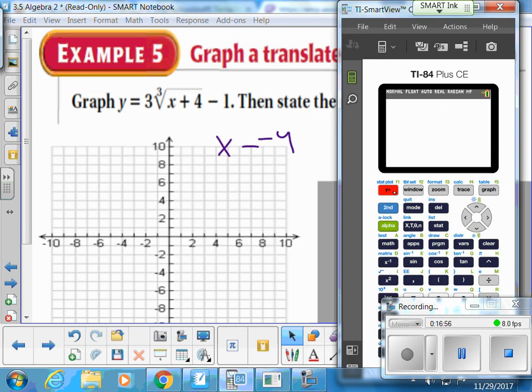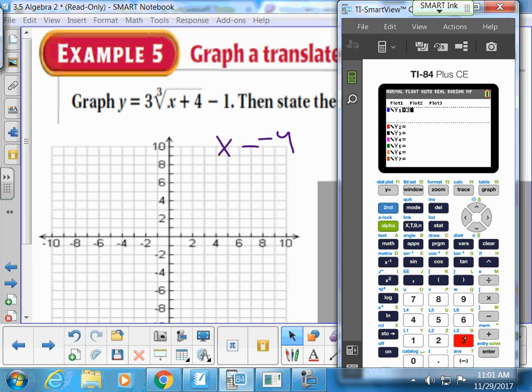This time it's cube root, so grab your cube root in your math menu. So 3, math, 4 will get you that cubed root. X plus 4, click your right arrow, and then -1.